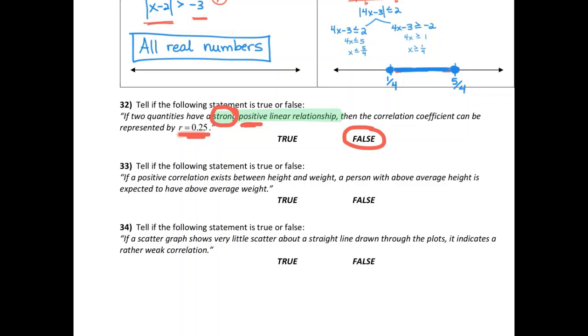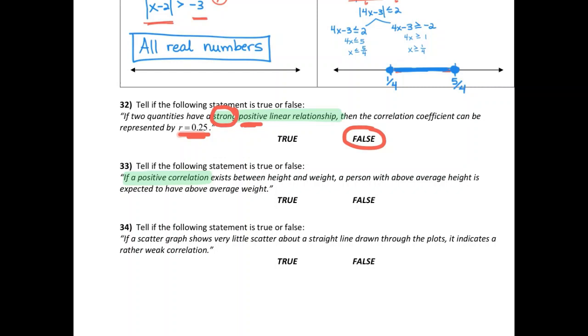In the second question, the second true false, number 33: if a positive correlation exists between height and weight, a person with above average height is expected to have above average weight. Well, the positive correlation means that as one variable goes up, the other one also goes up, that they both increase.